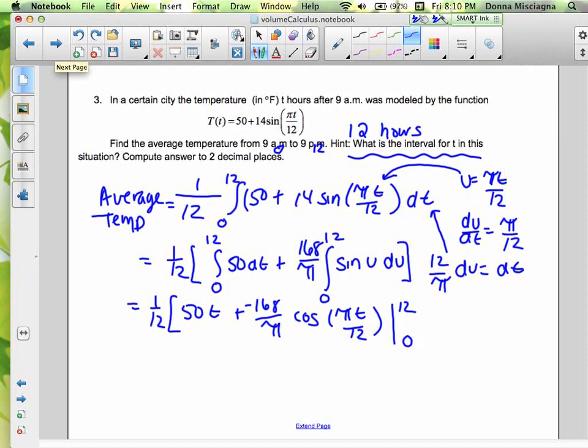All right, so we have 1/12. So I've got to plug in the 12, and I've got to plug in the 0.